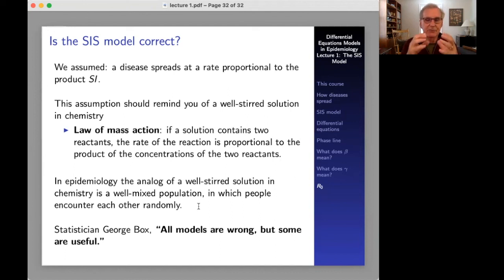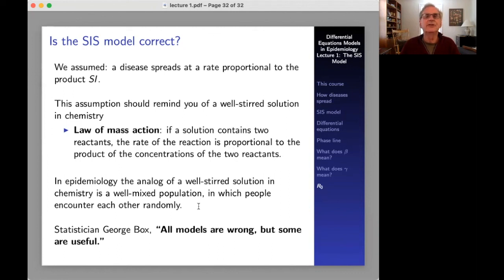Even if we take for one city, the unit that we're discussing, not a country, you don't encounter other people in your city randomly. Perhaps you go to school and encounter people at your school, preferably. You encounter your family, you encounter people in your neighborhood. You don't encounter everybody in the city at the same rate. So the SIS model is incorrect.